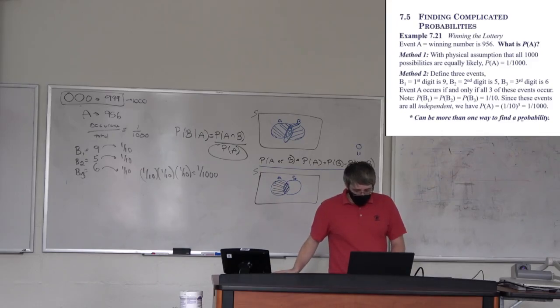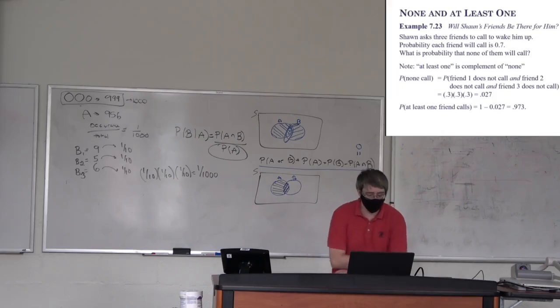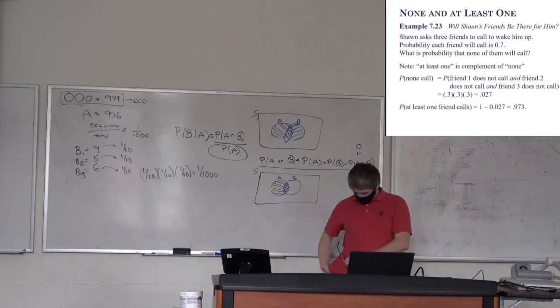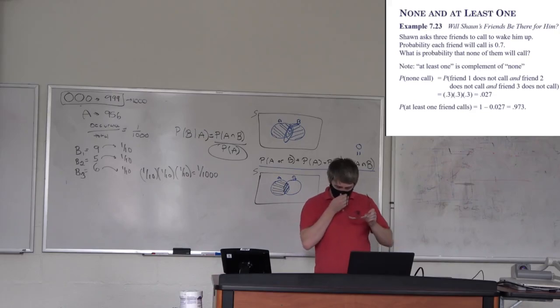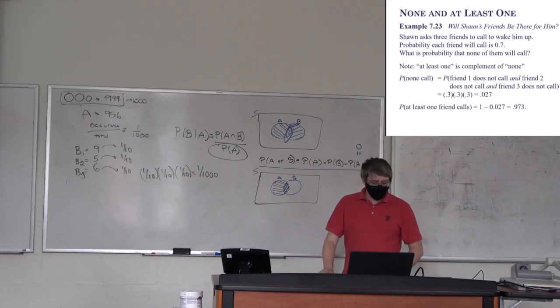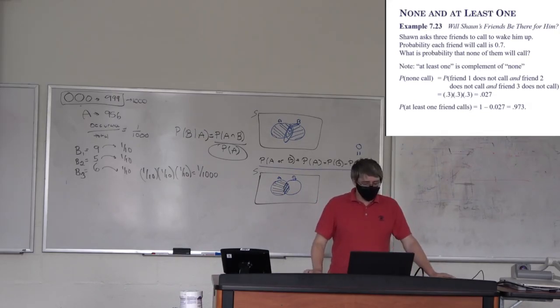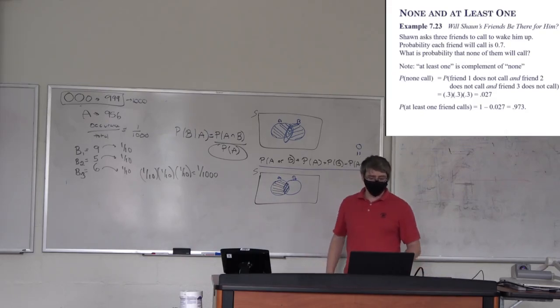Another example of this is the friend problem. Will Sean's friends be there for him? Sean has 3 friends to call to wake him up, and the probability that each friend will call is 0.7.